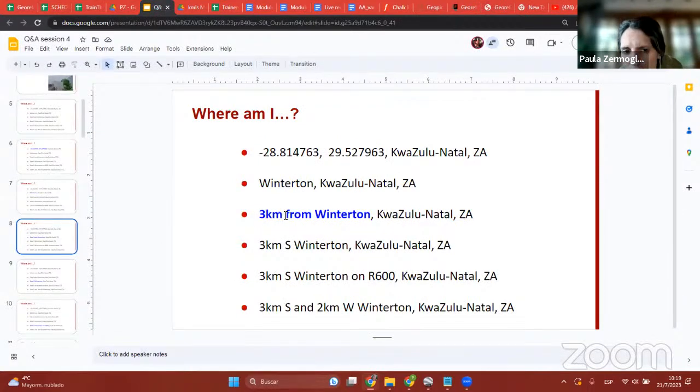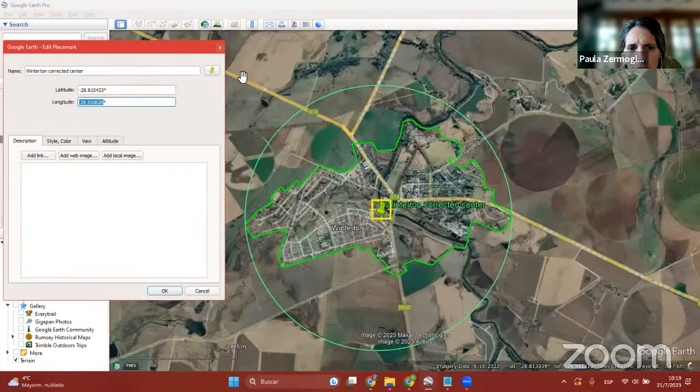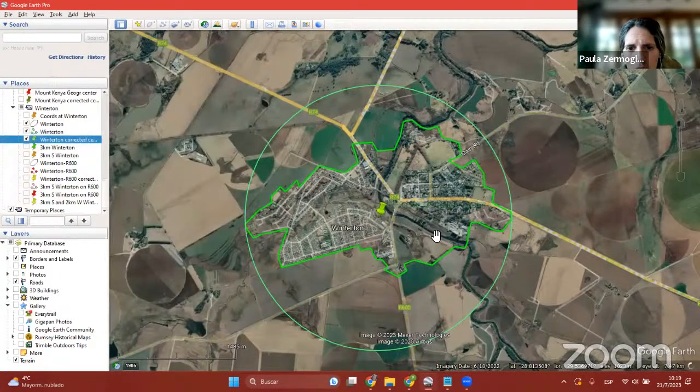The offset distance is the distance from that town, which in the description was 3 kilometers. It is in kilometers, so that will be our unit. So here we put 3, and for the unit we select kilometers. We select a precision of 1 kilometer for this distance, and we have to put the radial of the feature, that is of Winterton, which we had already determined when we drew the circle.